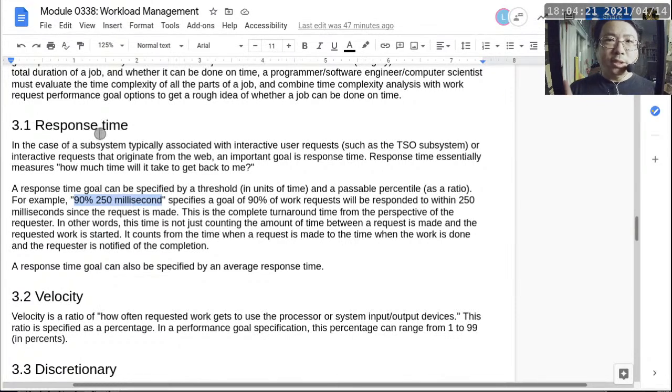Response time, once again, is really important when we are trying to specify work done that has to do with end user triggered action, because you don't want the end user to just walk away, saying this is not working. All right, so are there any questions about the performance goal of response time?